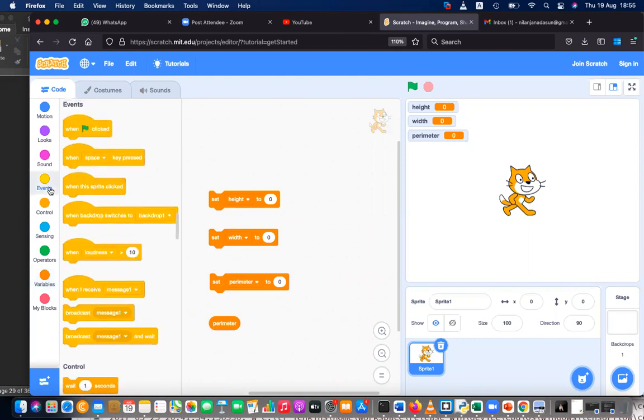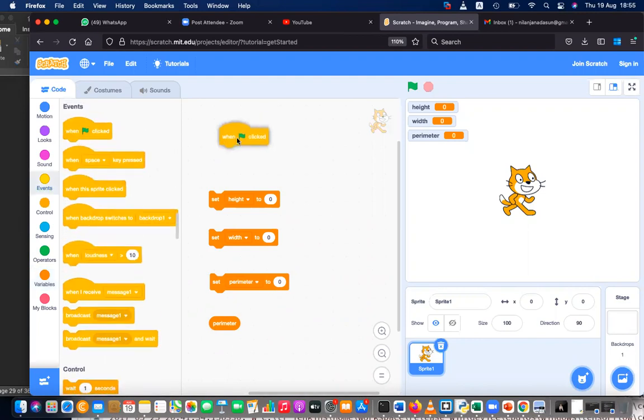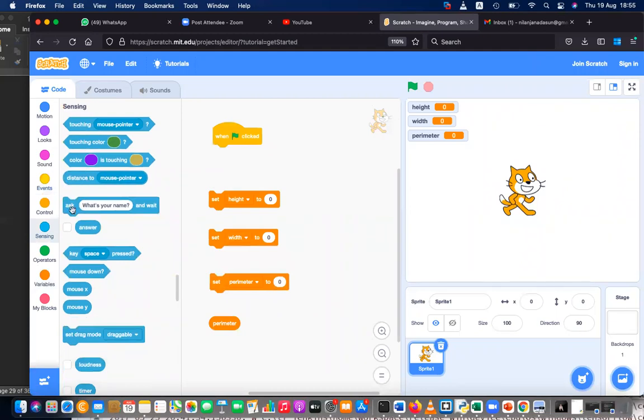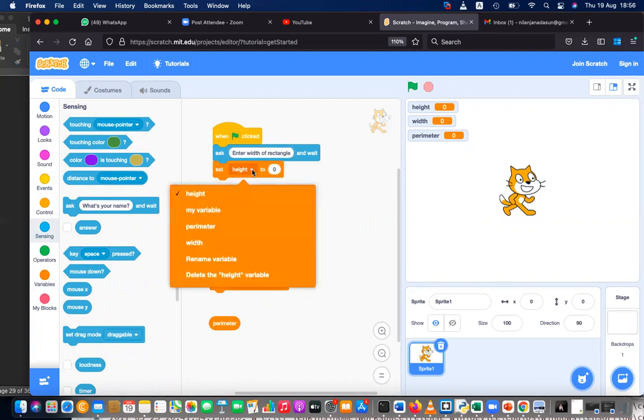Then I'll go to the events. When I click the flag, I want to ask from sensing: enter width of rectangle. After that, I can set the first height, right?